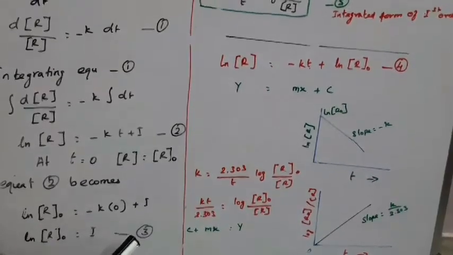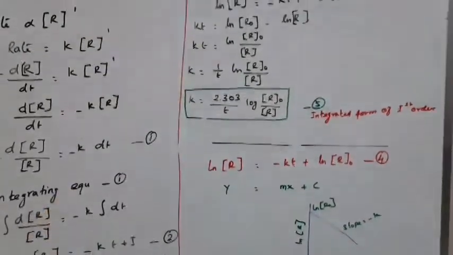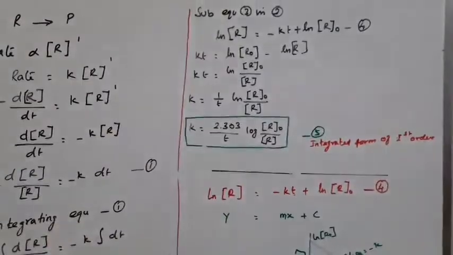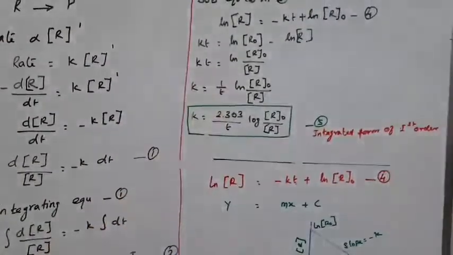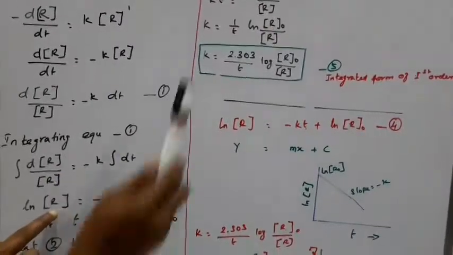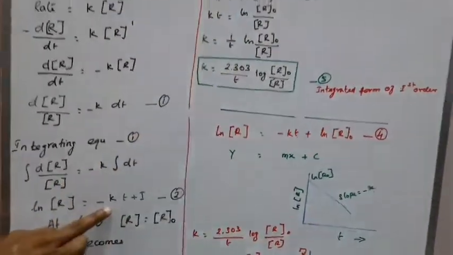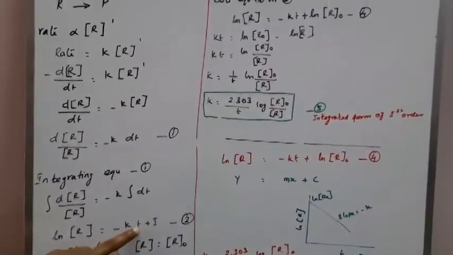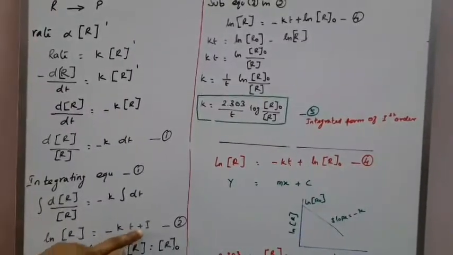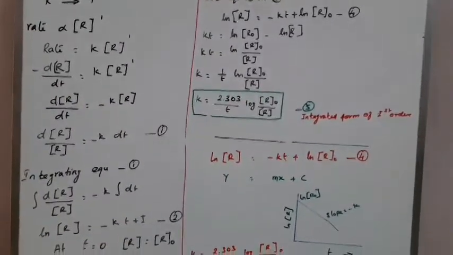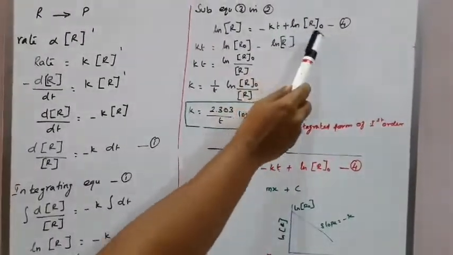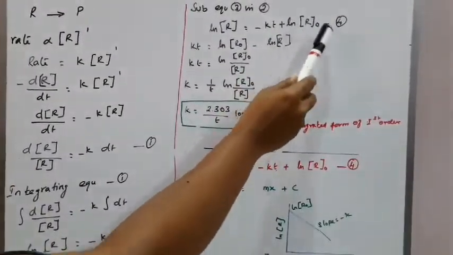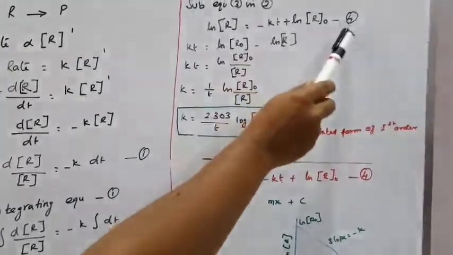Now substitute equation 3 in equation 2. In equation 2, ln R equals minus kt plus I, and the I value is ln R0. So instead of I we write ln R0. This is equation 4.